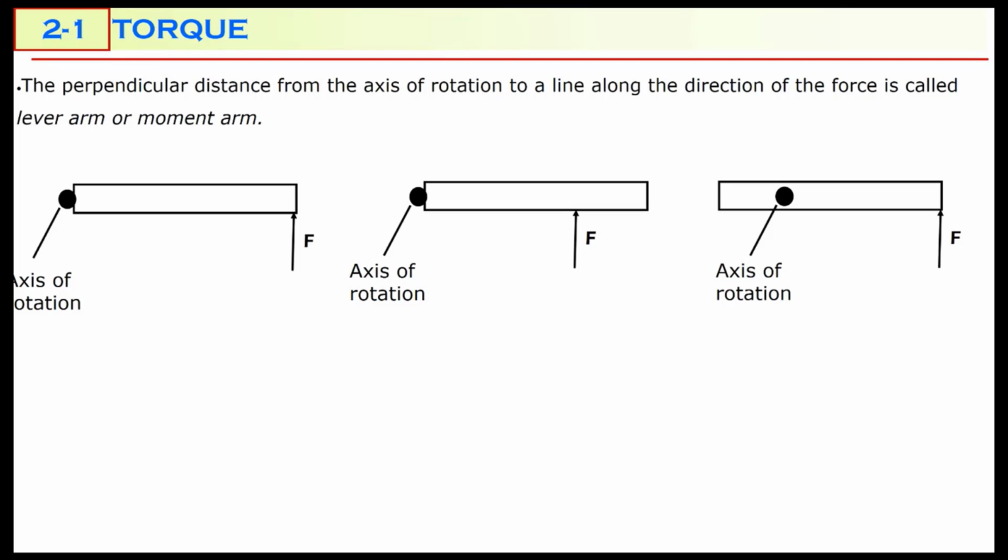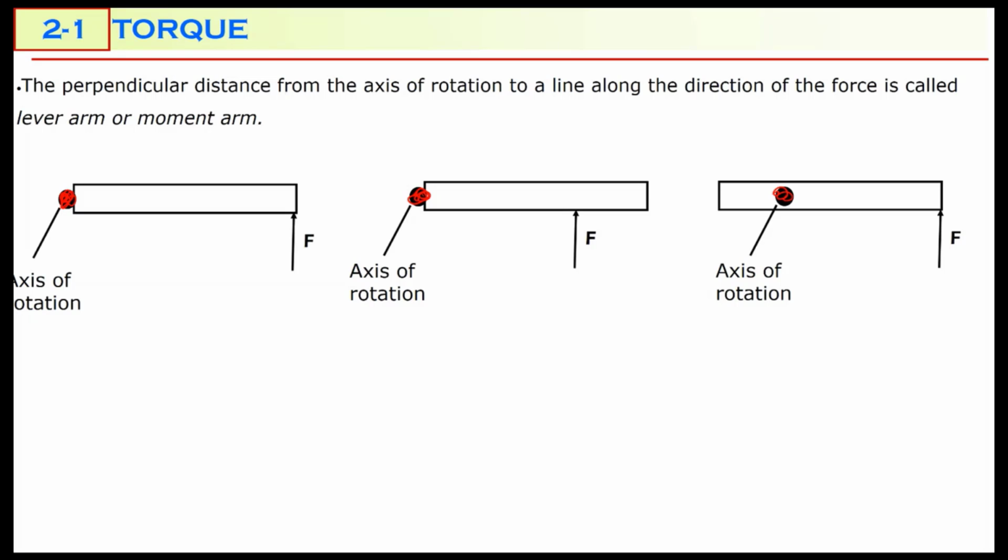Now, what does it mean? I'm going to show on these pictures. This is the axis of rotation. This is the axis of rotation. That is the axis of rotation. I choose on the same ruler different points as axis of rotation. You can fix the object from those points so that those points become axis of rotation.